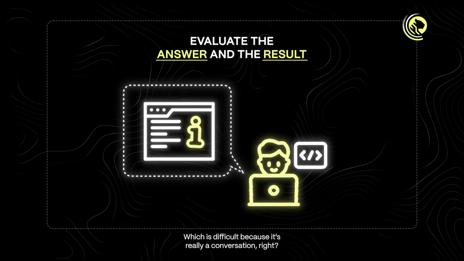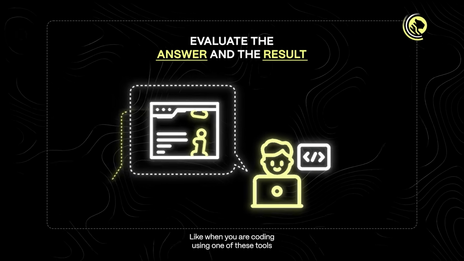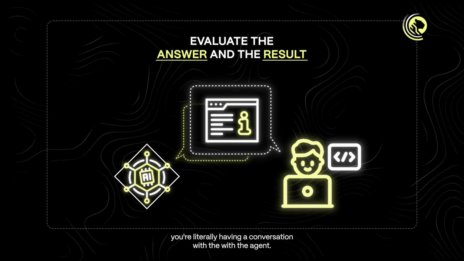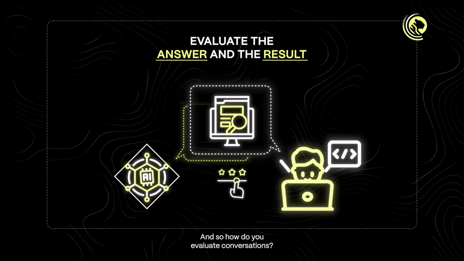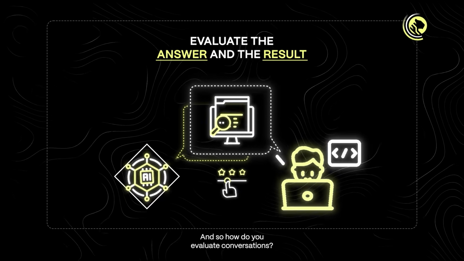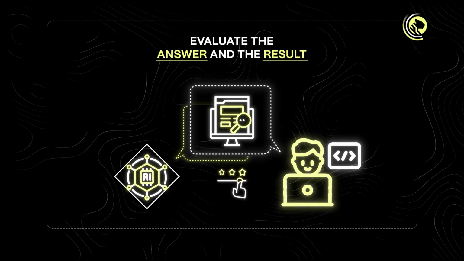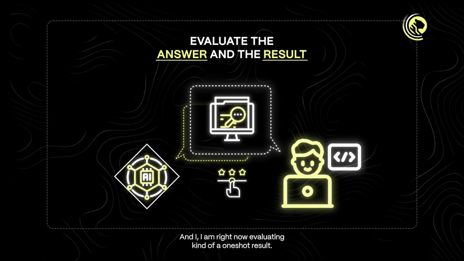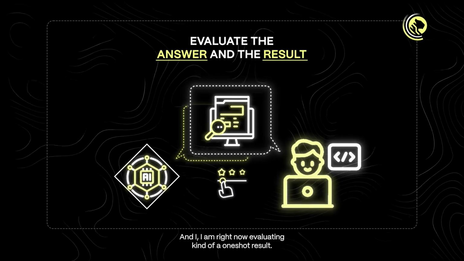Which is difficult because it's really a conversation, right? Like, when you are coding using one of these tools, you're literally having a conversation with the agent. And so how do you evaluate conversations? I went back and forth trying to figure out how to think about this. I took a shortcut, I'll admit it, and I am right now evaluating kind of a one-shot result.